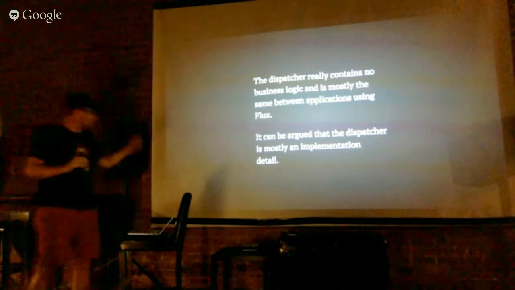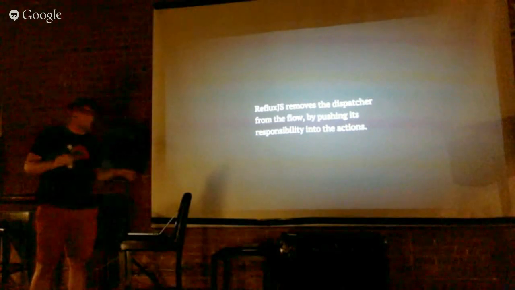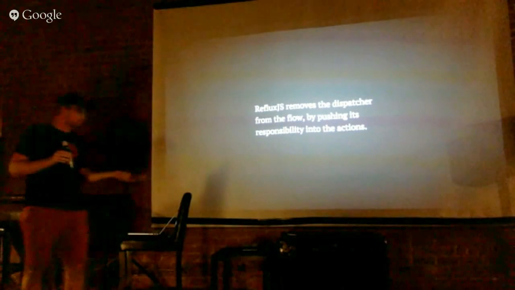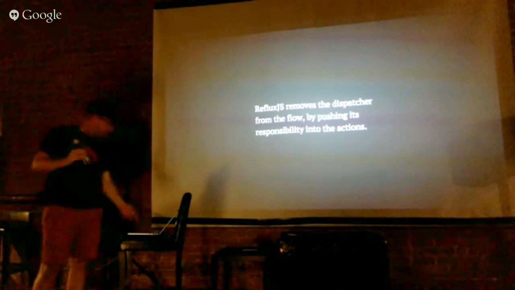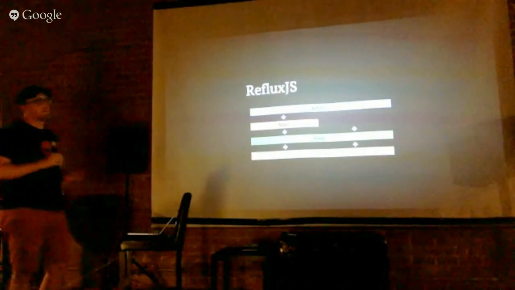So it could be argued as an implementation. RefluxJS and Redux both remove the dispatcher completely from the flow. They push the responsibility, at least in Reflux, into the actions. Makes a lot of sense. So that's one thing you're going to get with Reflux.